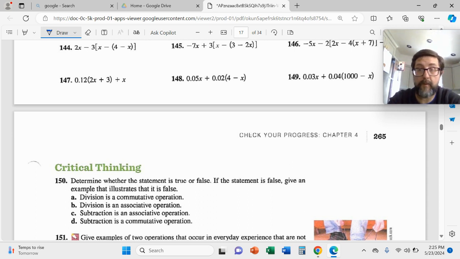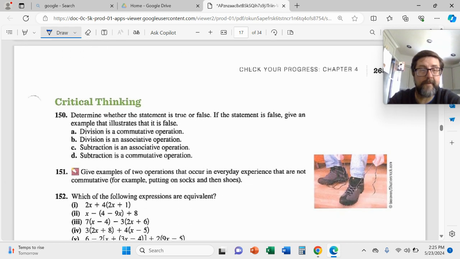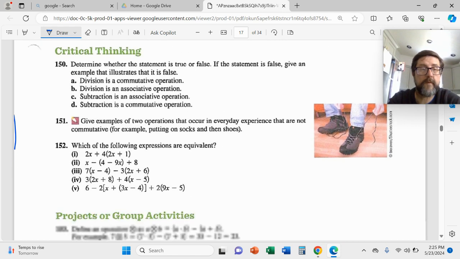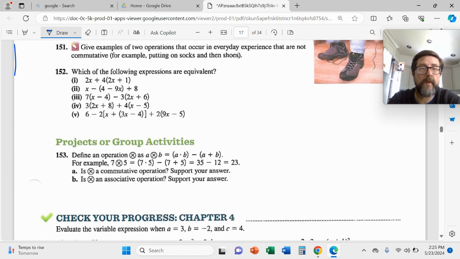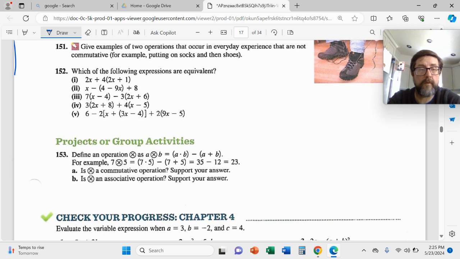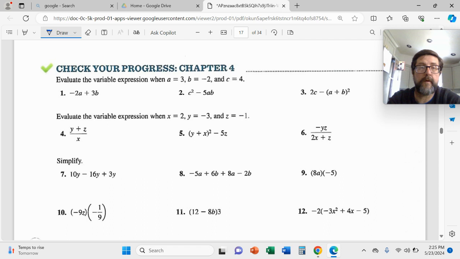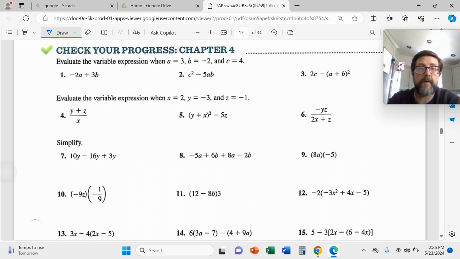We've been doing a lot of work. Pause it and work on these.